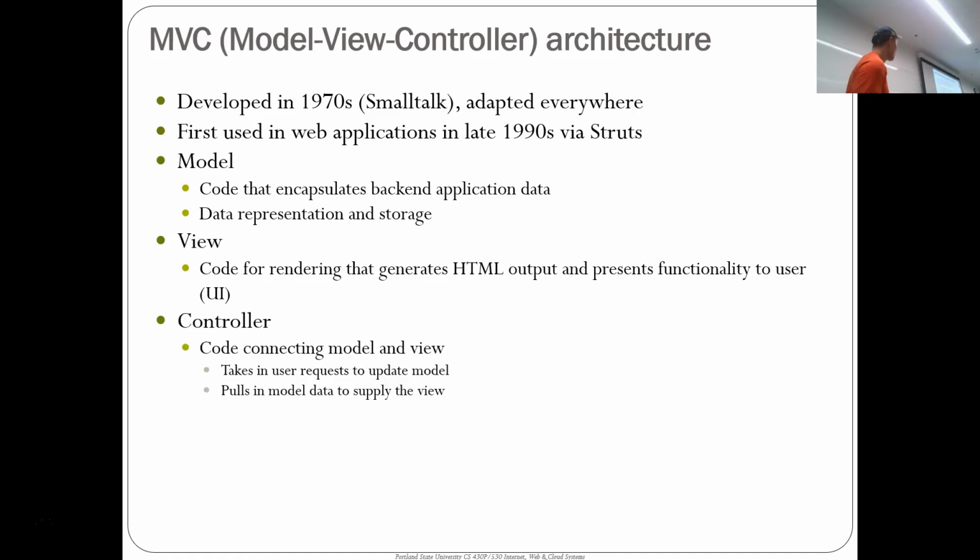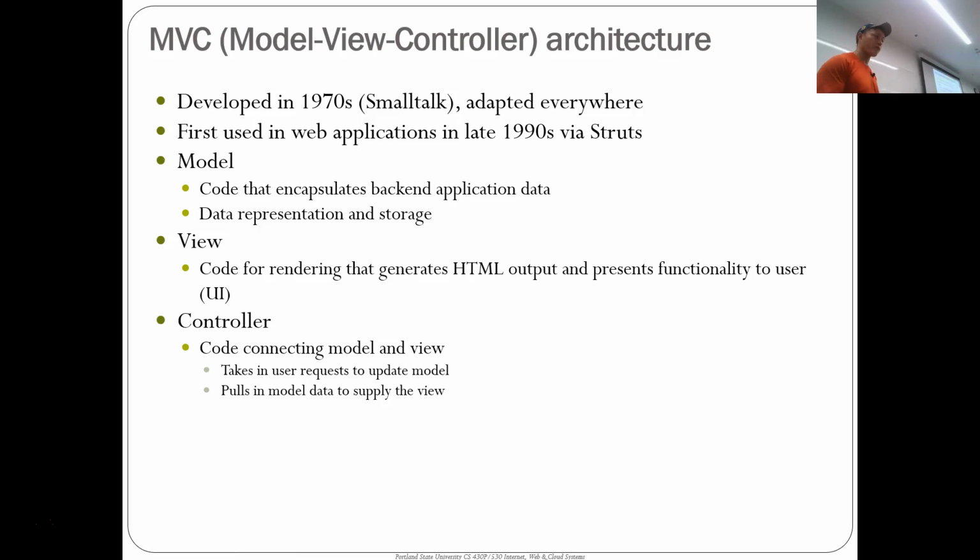And then the controller. This is the code that connects the model and the view together. So it takes in the user requests to update the model. So if the user wants to change something in the backend model, the controller will process that. And then it will also provide the view the data from the model that it's seeking. So these are the three components of an MVC architecture.